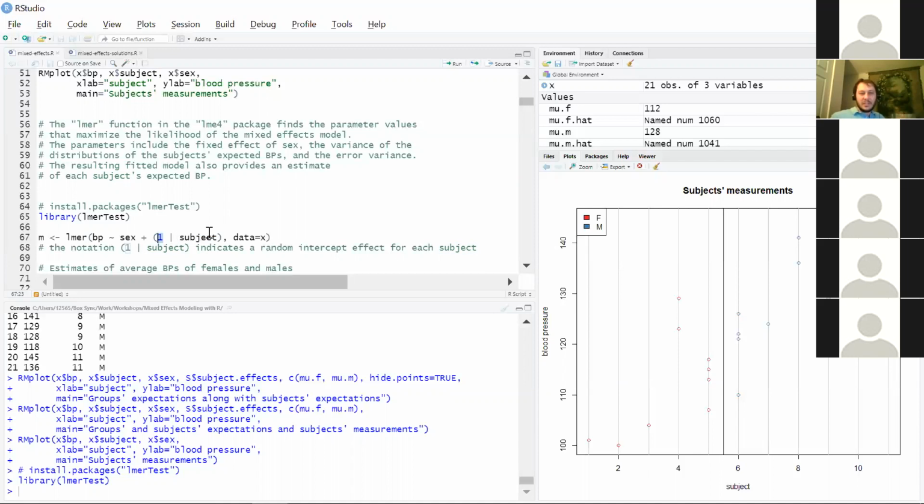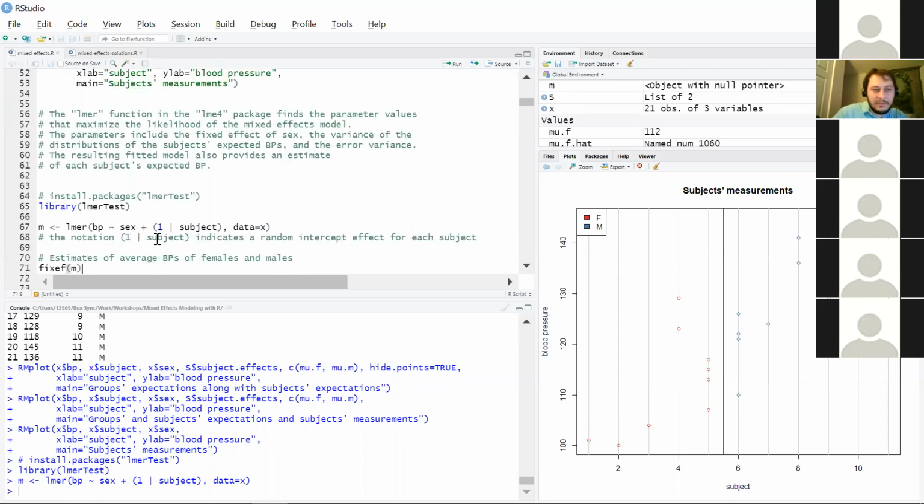Each subject could get their own coefficient of some other variable, and you would have that other variable right here, and we'll see an example of that later. But if each subject gets their own random effect where they deviate from their group's intercept, then this is exactly the formula that you need to specify to fit that model. All right, so hopefully everyone has their package installed, and I'll go ahead and run this.